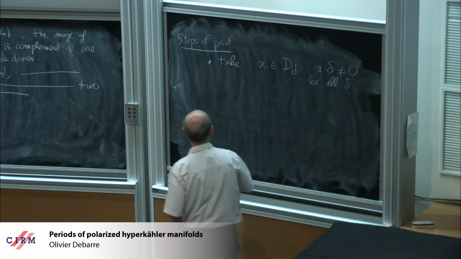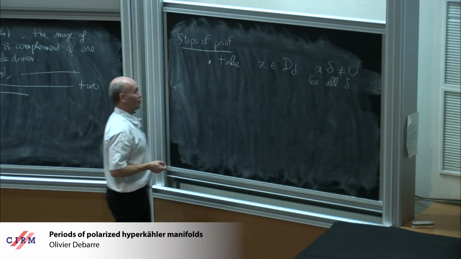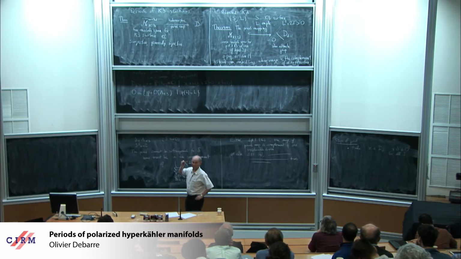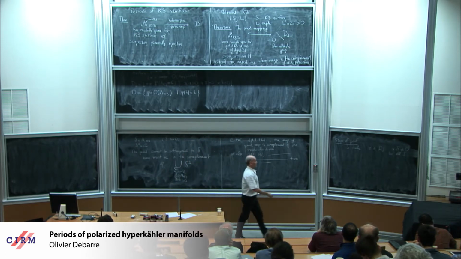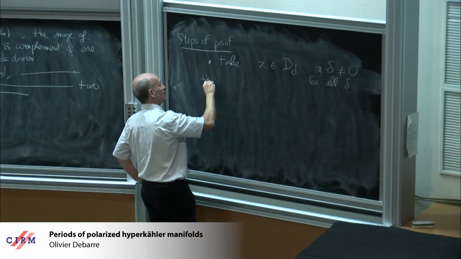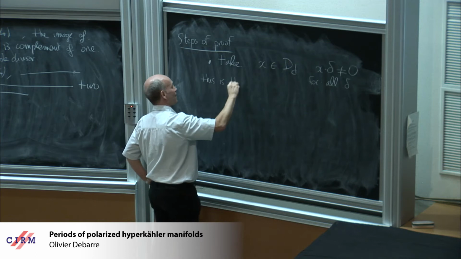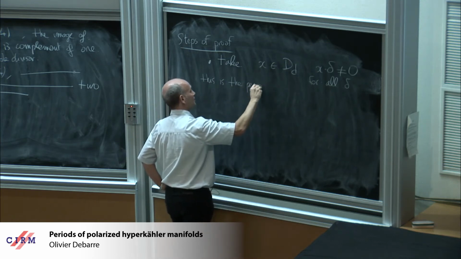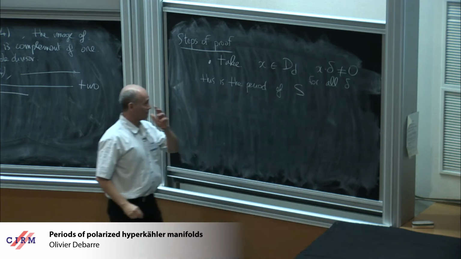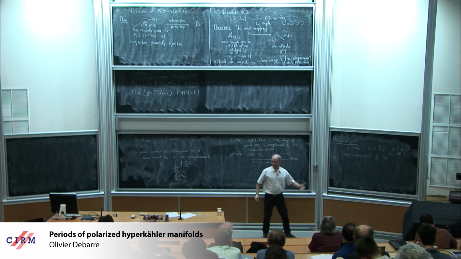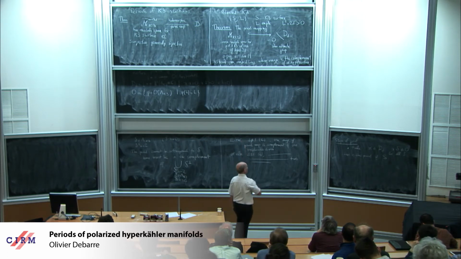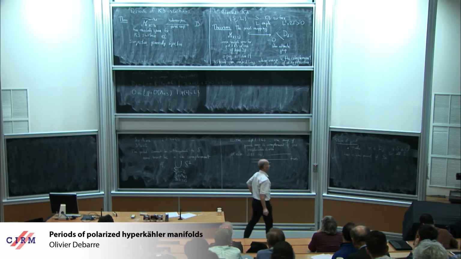So first of all, since the unpolarized period map is surjective, this is the period of some marked K3 surface, because the period is actually in D, meaning that it's orthogonal to H.